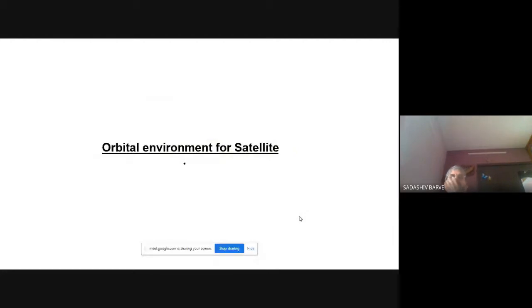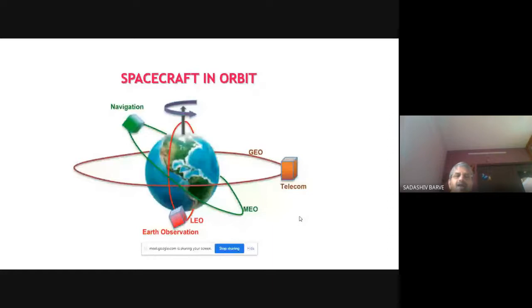Now, when we talk about satellites, I told you earlier, I hope this cursor you are seeing, this is called polar orbit. The advantage of a near Earth satellite moving in the polar orbit from North Pole to South Pole is that our Earth actually moves from west to east.